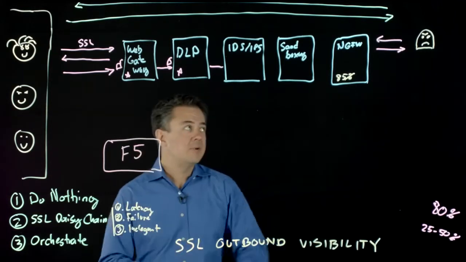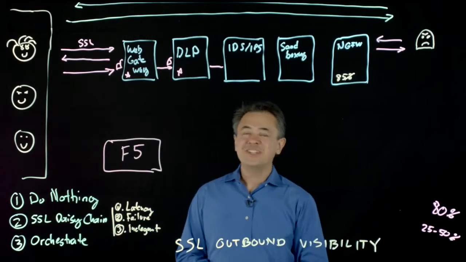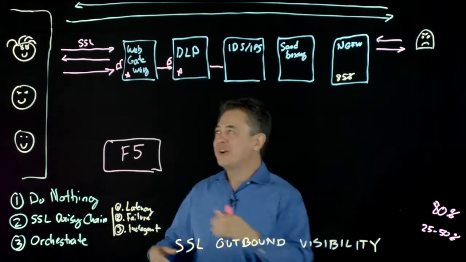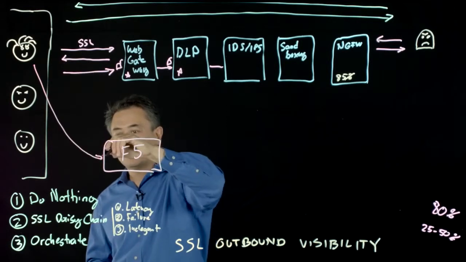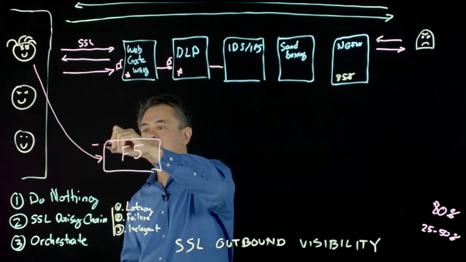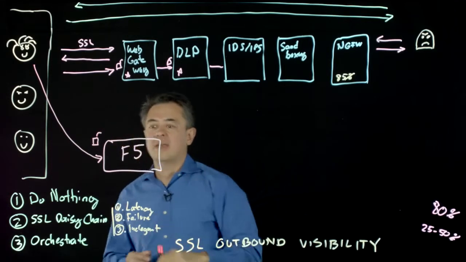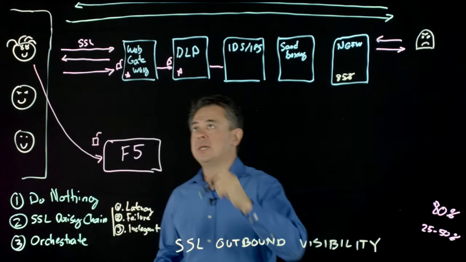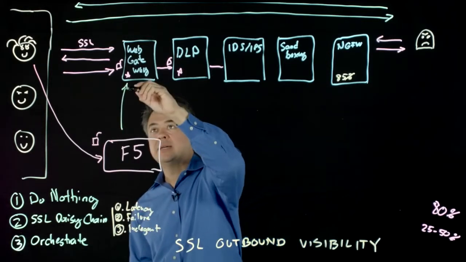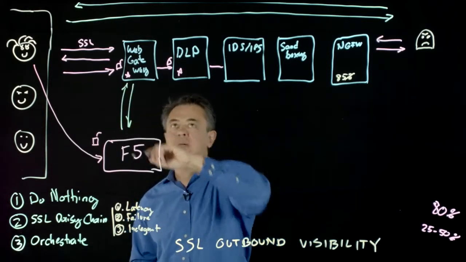So now let's say Sally wants to go out to the internet. Let's say she wants to go get some malware. She'll come down to here, to the F5. We will decrypt it, right? And now that it's decrypted, we'll send it over to the web gateway. Web gateway says it looks good.